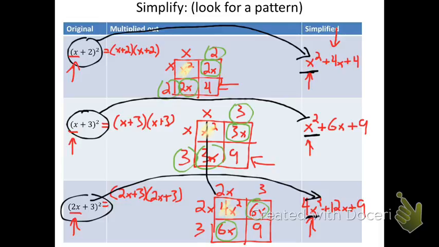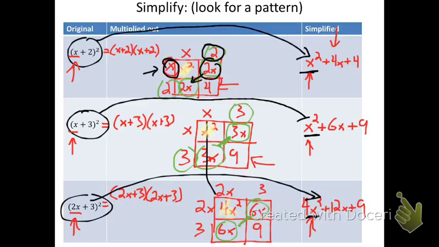Now, where does this second term come from? That's the next question. Well, that second term is coming from these two diagonal terms. So 2x and 2x, 3x and 3x, 6x and 6x. Where we get those is if I take the first term from one of my parentheses, and I'm talking about this first one up here, and multiply it by the last term in my other parentheses, or in other words, the first term times the last term, I would get this, and then I basically just double it because there's going to be another one of those.